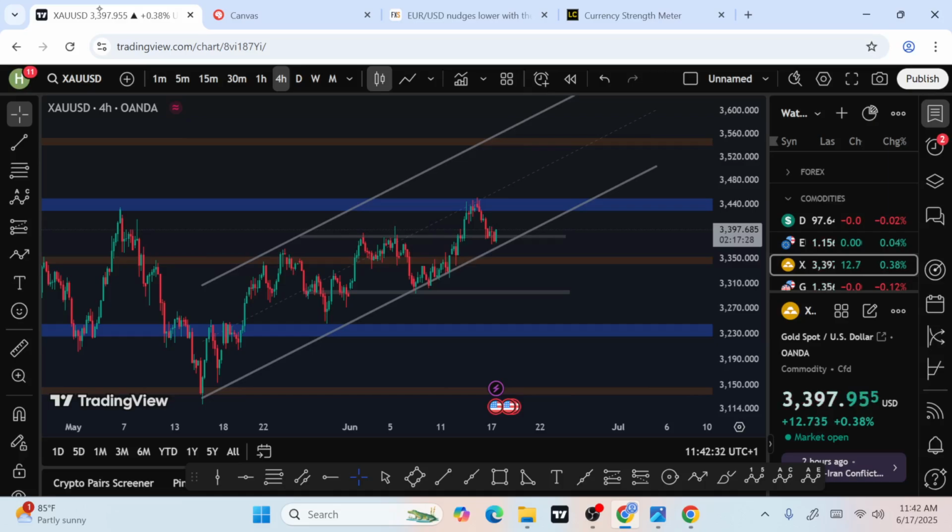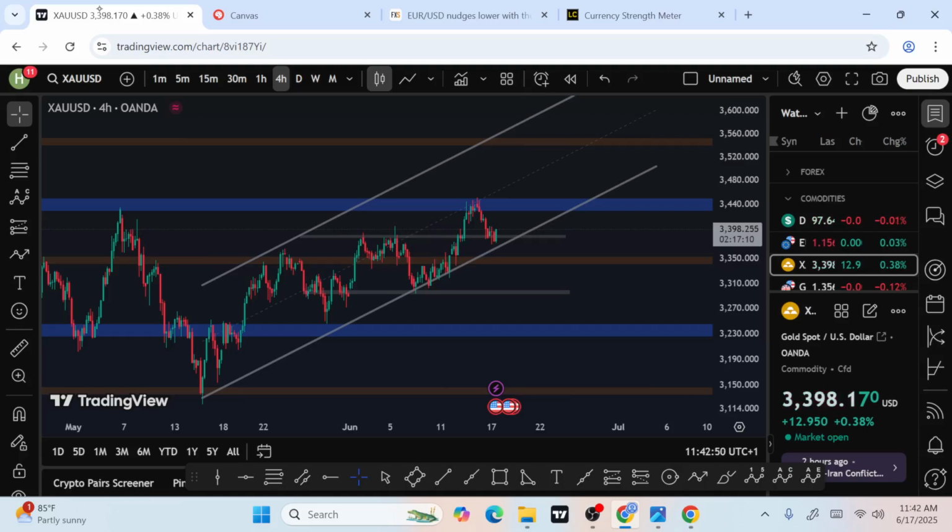When an impulsive move happens, there must be a correction, and the next impulsive move must break structure to the upside. It must break above the previous high.